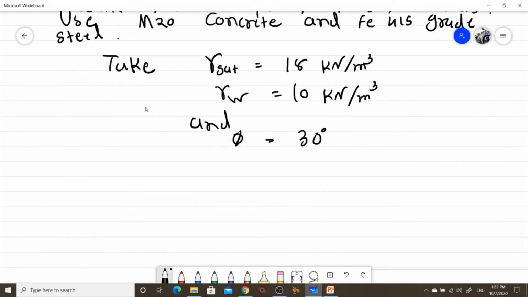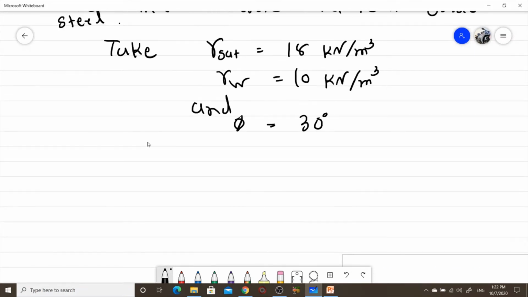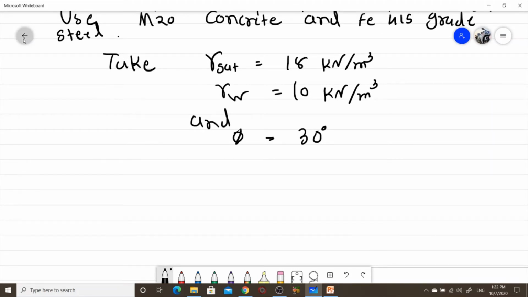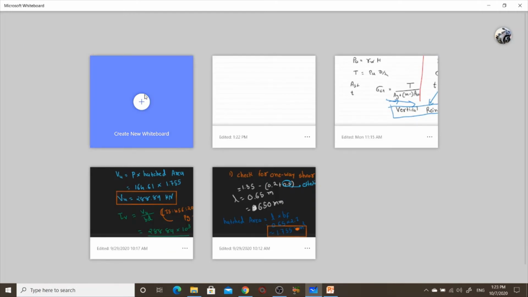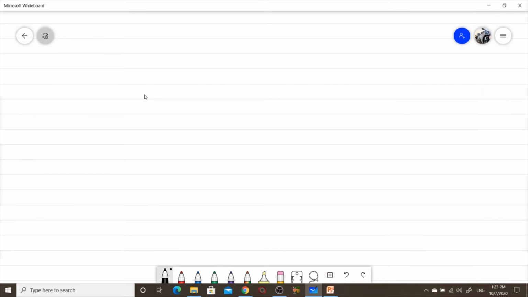So let's start this example. First of all we will consider the size of the tank. So I am going to design a tank. Provide a tank of 6 meter by 4 meter by 3.5 meter.